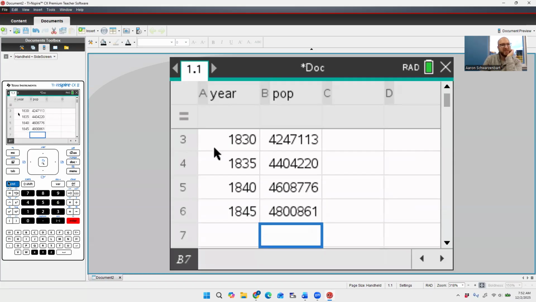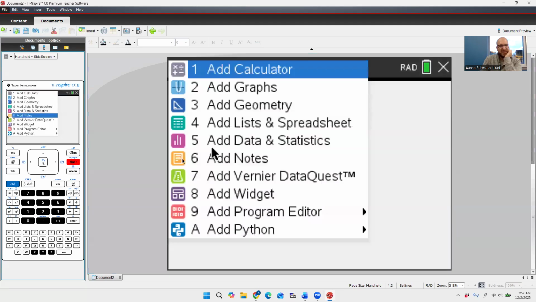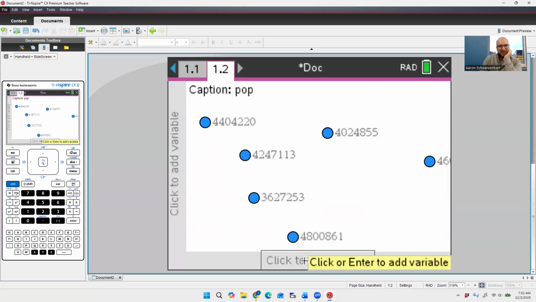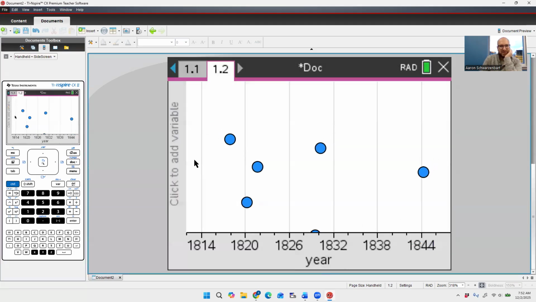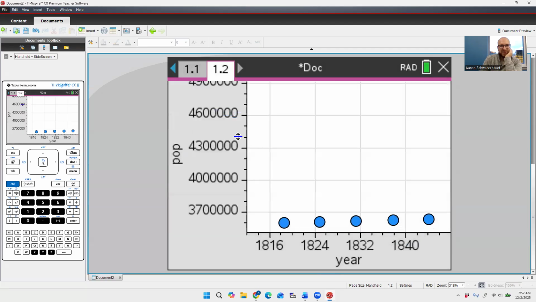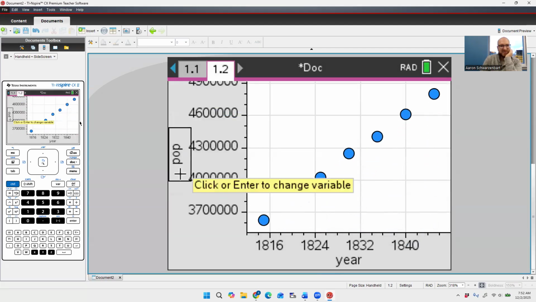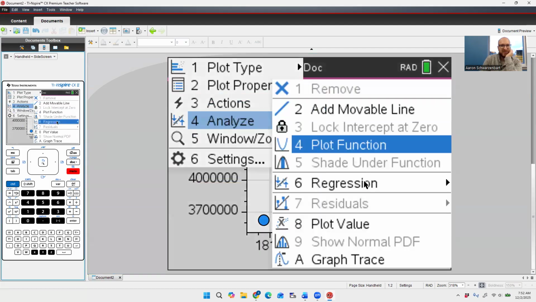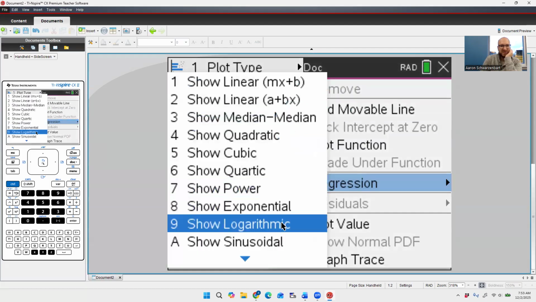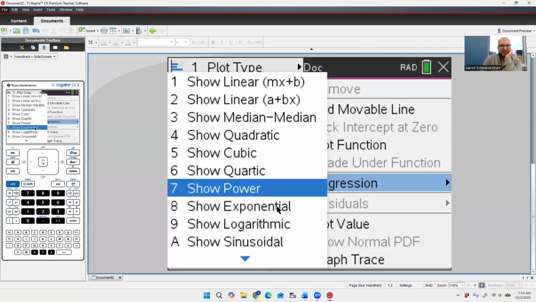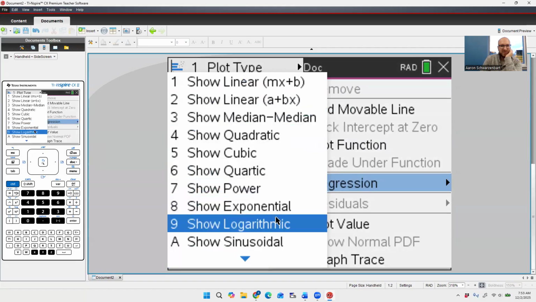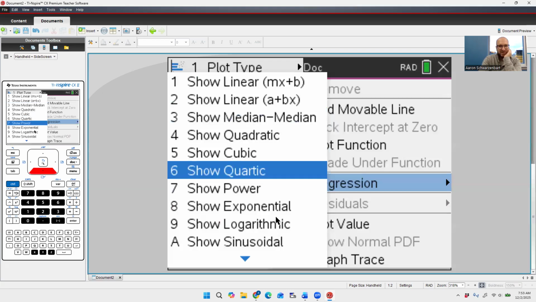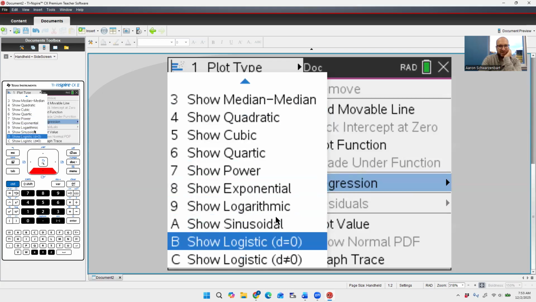Okay, so now that we have our data entered, we will add a data and statistics page. Put year and population on the axes. Then we do menu, analyze, regressions, show logistic, not logarithmic.